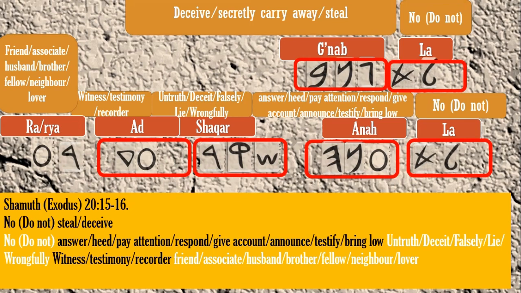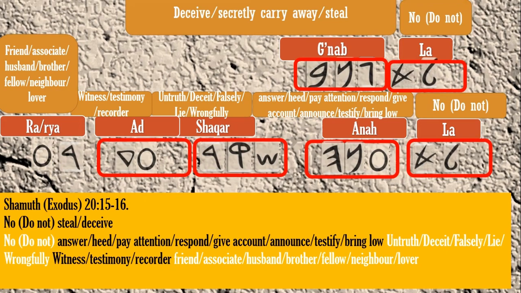Notice that ana also means paying attention to. So even if you are not saying it, but you are allowing it to be said to you without stopping it, that is also breaking the instruction. Don't heed to it. Don't pay attention to it. Don't announce it.